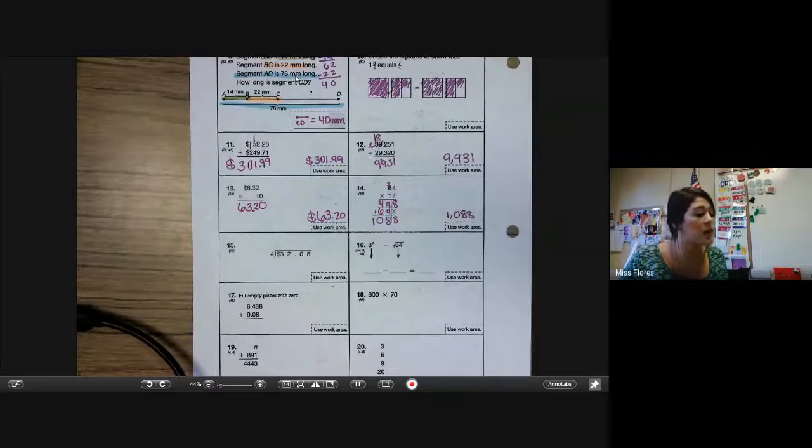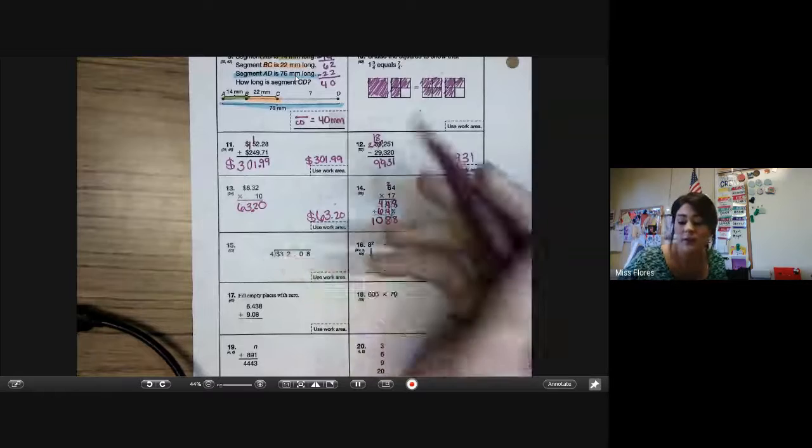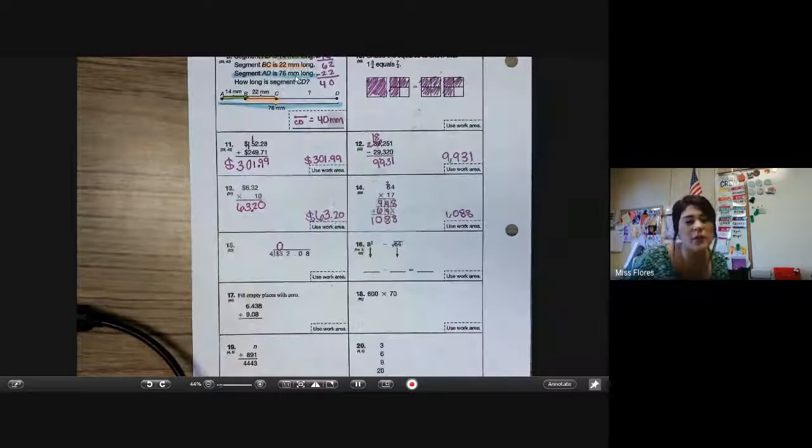All right, we're going to move on to number 15. $32.08 divided by 4. So we need to see if 4 goes into 3. 4 cannot go into 3, so we're going to just put a 0, because with decimals it gets a little tricky.